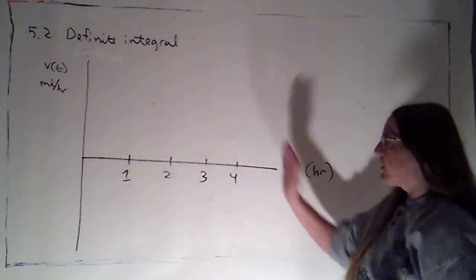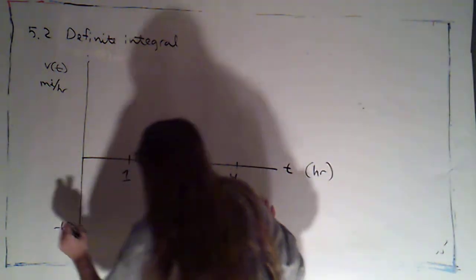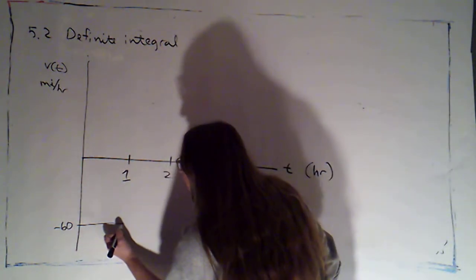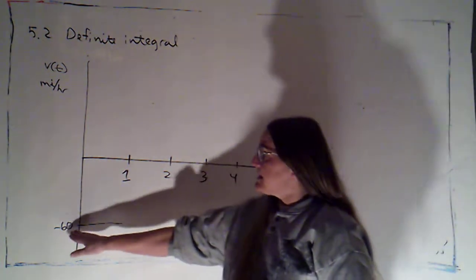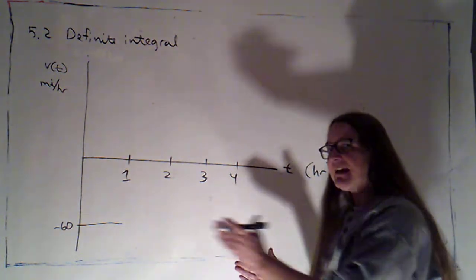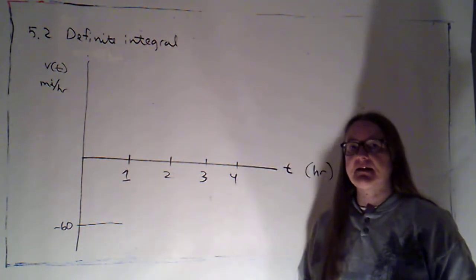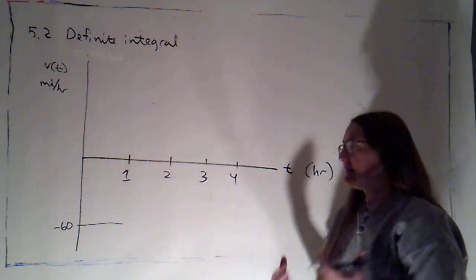Over a 4-hour time period, let's suppose that my function looks something like this. Over the first hour, the velocity is constant at negative 60. Now, that would mean the speed is 60 miles per hour, but we're going in the negative direction. So velocity is a signed quantity because it indicates the direction as well as the speed.